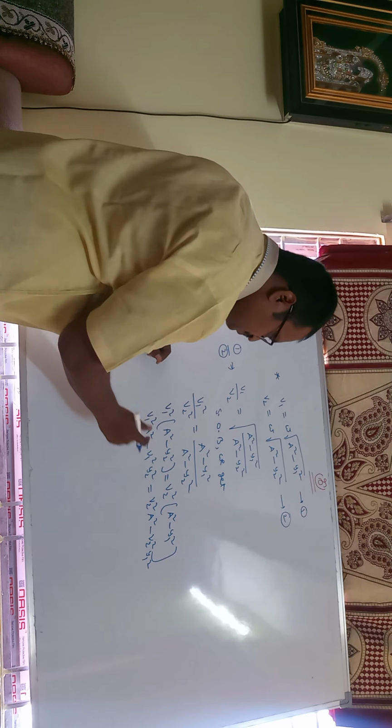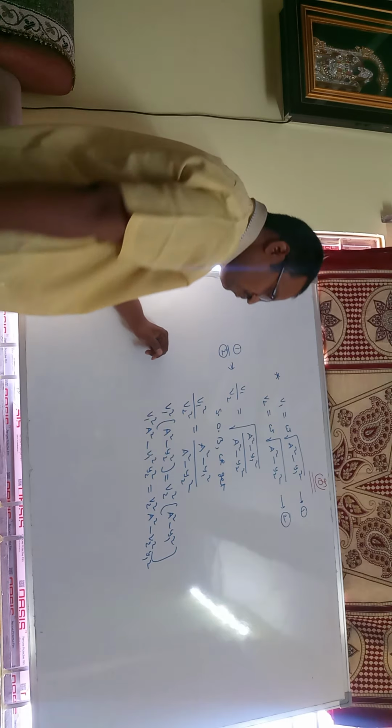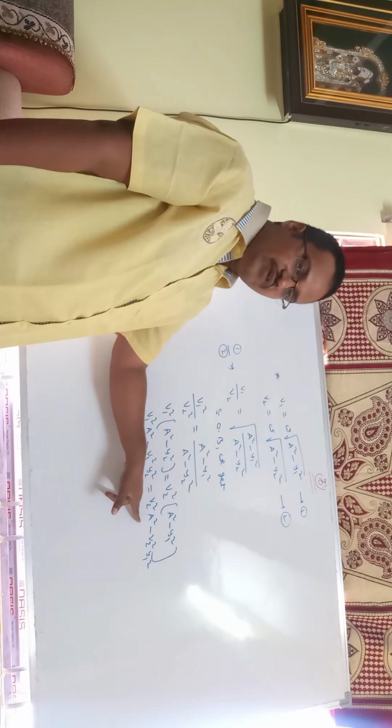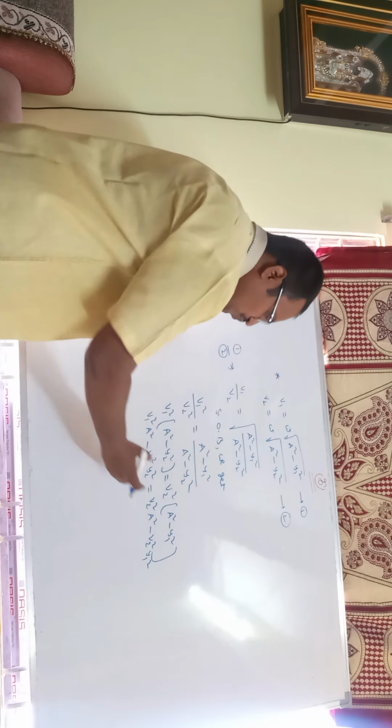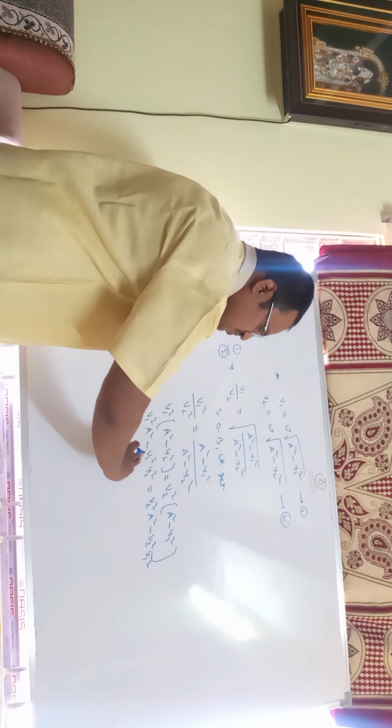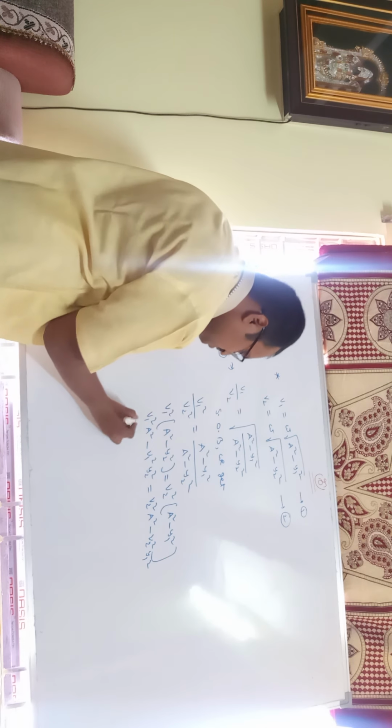Now see, what we have to find? We have to find the a value. We need only a value. So that's why we can bring v2 square into a square to LHS and send minus v1 square into y2 square to RHS.